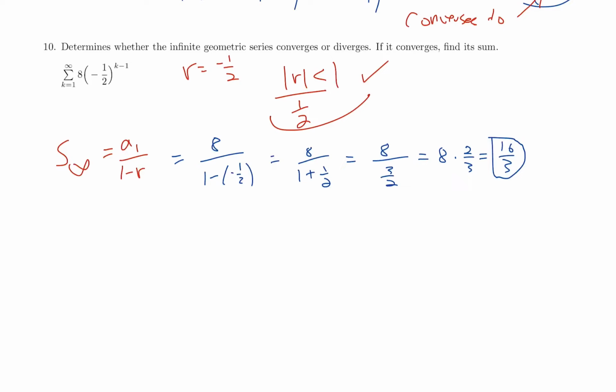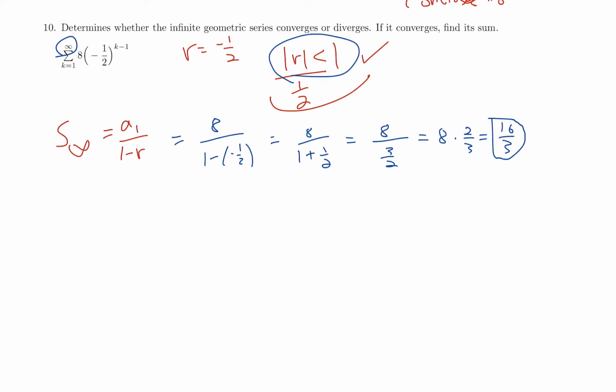Remember, adding an infinite number of things is only possible for a geometric sequence when the absolute value of the common ratio is less than 1. Hopefully this makes intuitive sense.